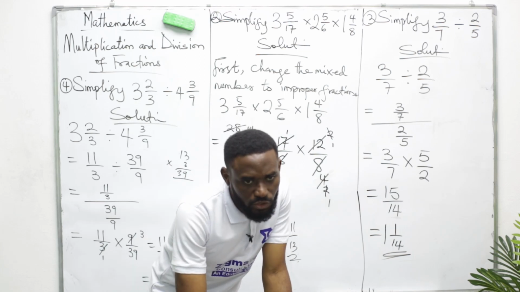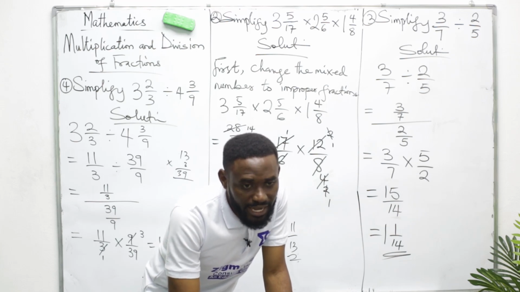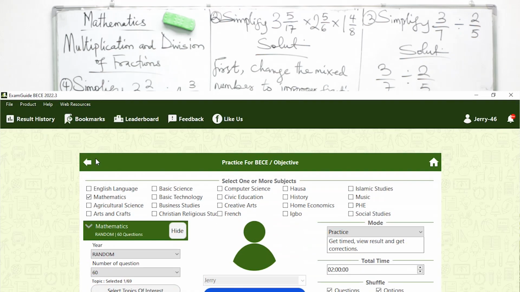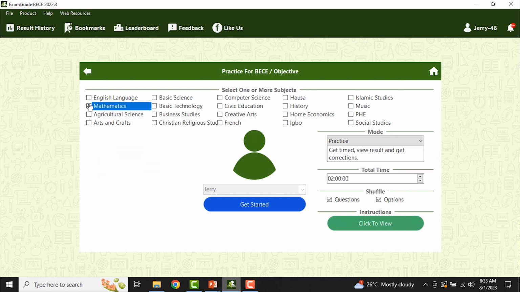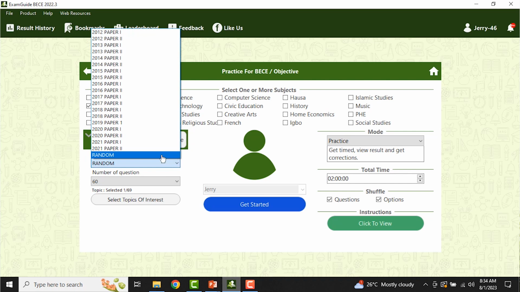So let's look at one example or so from the Examguide app. All right? So we are looking at mathematics. Let's look at mathematics and let's take a random question.